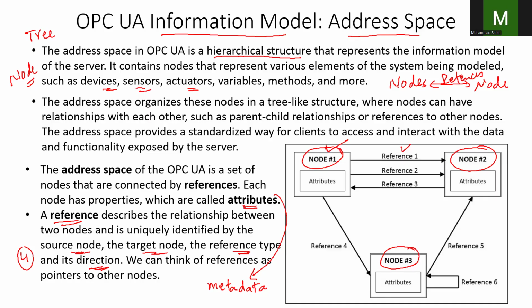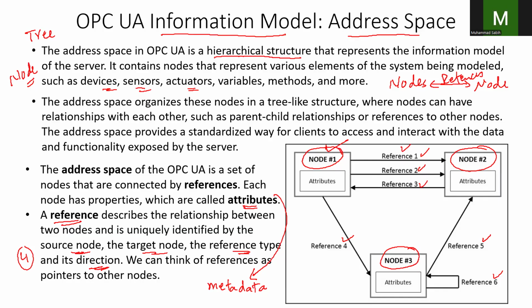You see that we have reference 1, reference 2, and reference 3, and it is further connected with node 3 through reference 4. Node 2 and node 3 are connected through reference 5, and then we have another self reference for node 3, reference 6.